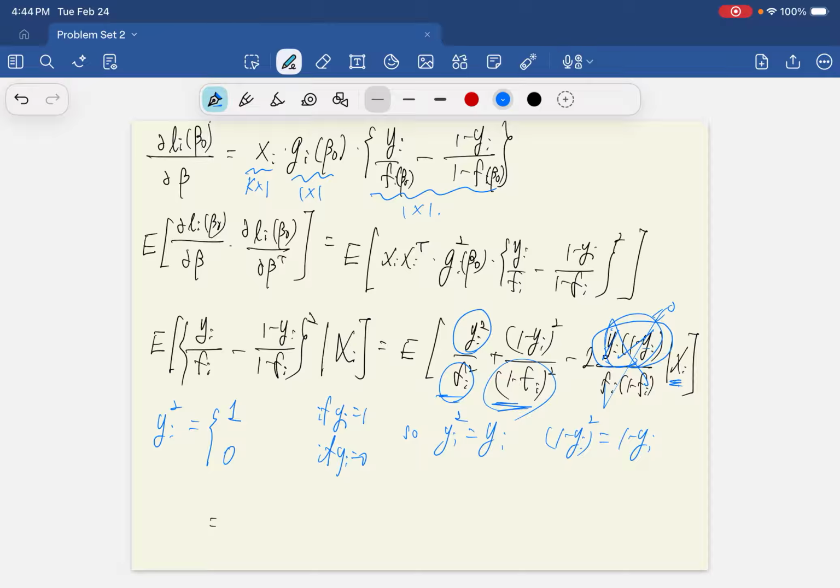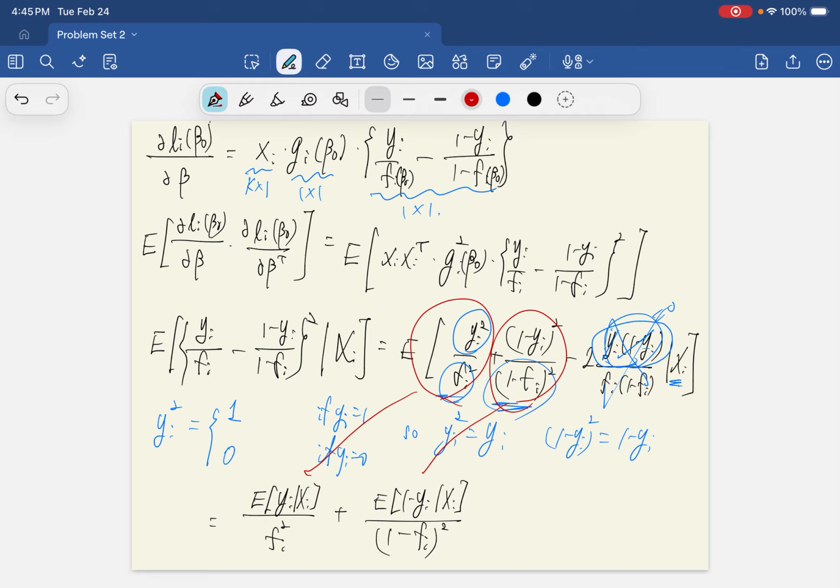And the denominators are non-random once conditional on x. So we will rewrite this way: expectation of yi given xi divided by fi squared, plus expectation of 1 minus yi given xi over (1 minus fi) squared, right? And the third term goes away. So this much comes to here, this much comes to here, and the third term vanishes.